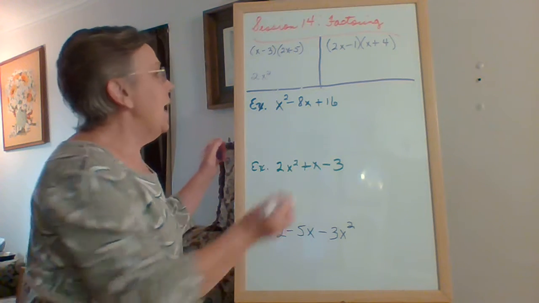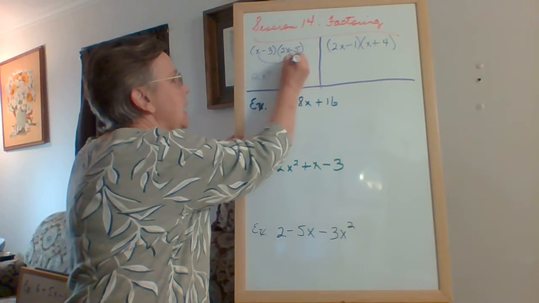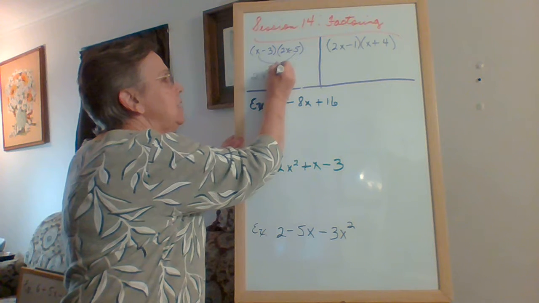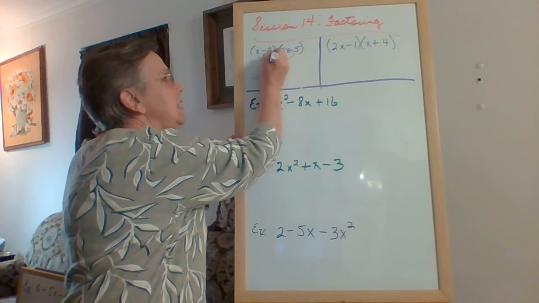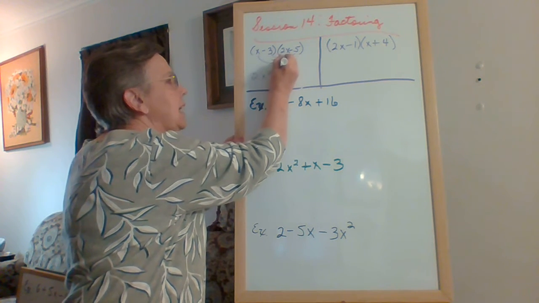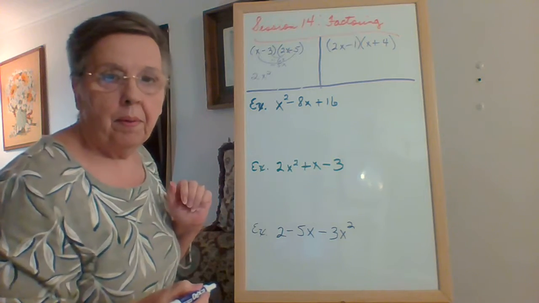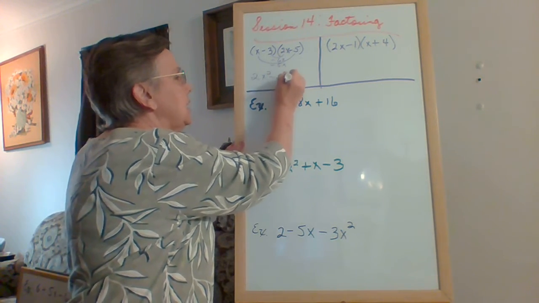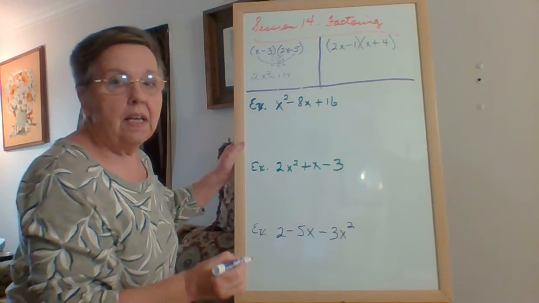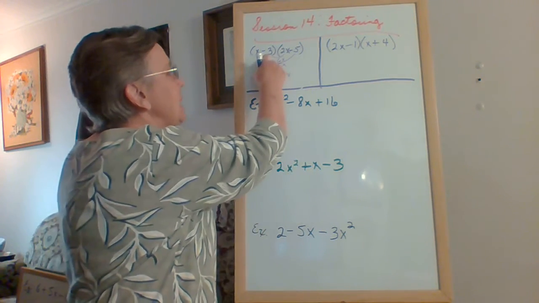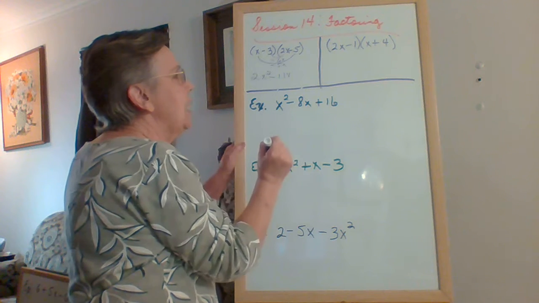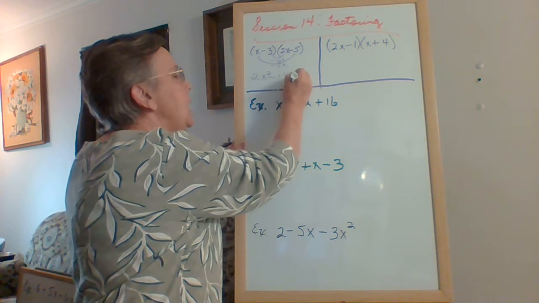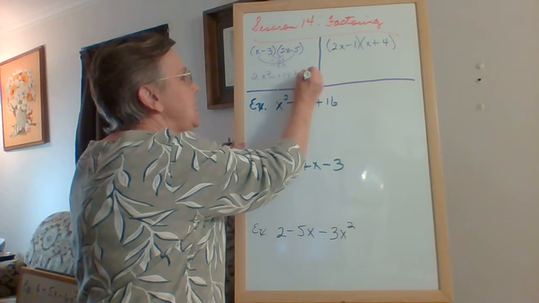Outer, inner, last, okay? Outside is minus 5x, inside minus 6x. That gives me a minus 11x. Last, minus 3 times a minus 5 gives me a plus 15.